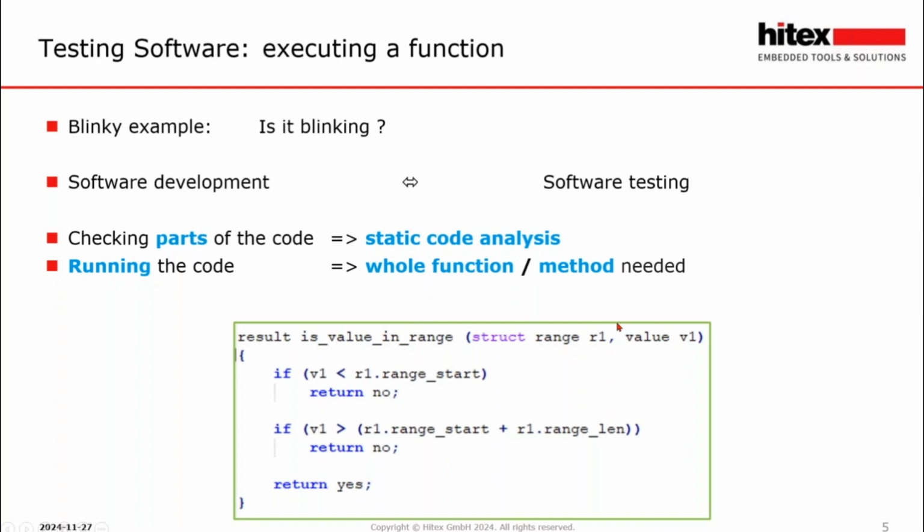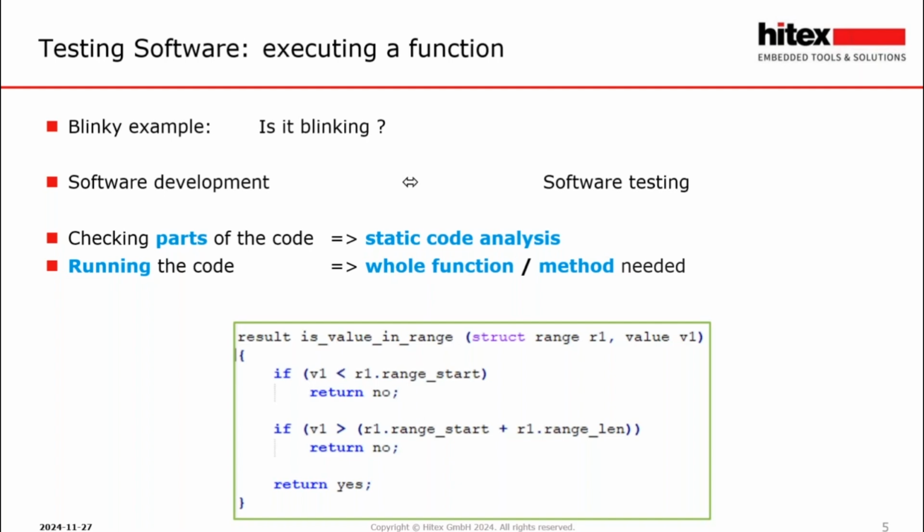We have a range of scalar values, and we have the range with a start and a length. You see that here, and with a function we can decide if a given value is inside or not. With a static tool, you can check parts of that, such as value checking, overflows, and syntax, but for the execution, that means for unit testing, the smallest testable entity will be the whole function.